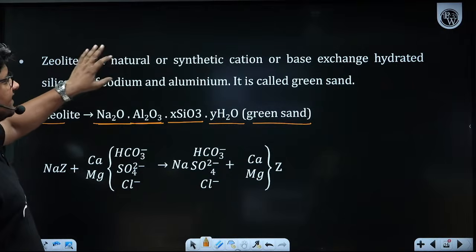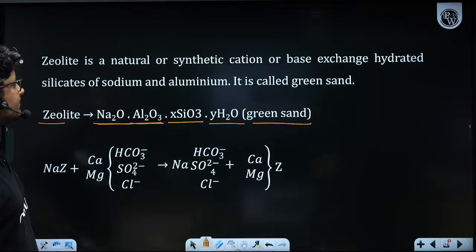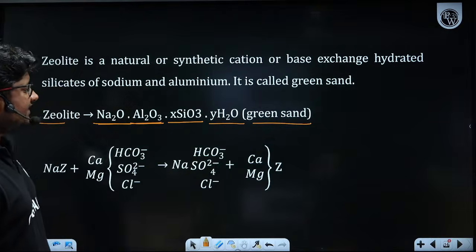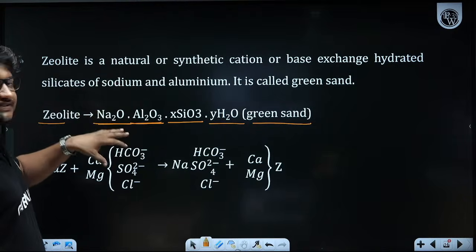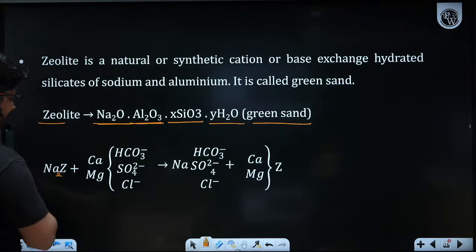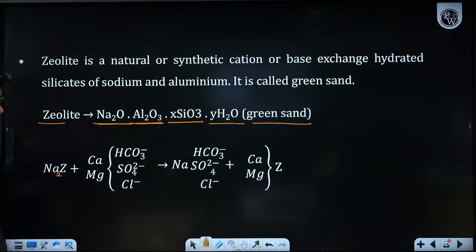So zeolite is a natural or synthetic cation or base exchange hydrated silicate of sodium and aluminium, which we also call green sand. Now, in short format I am writing this as Na2Z, where Z means the remaining part.